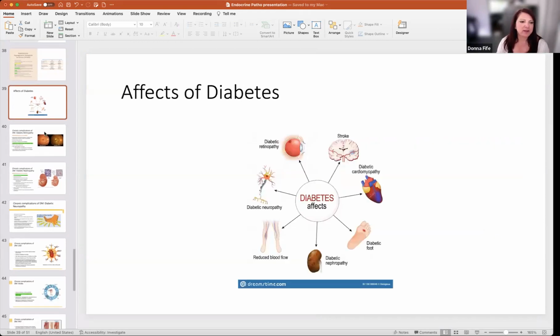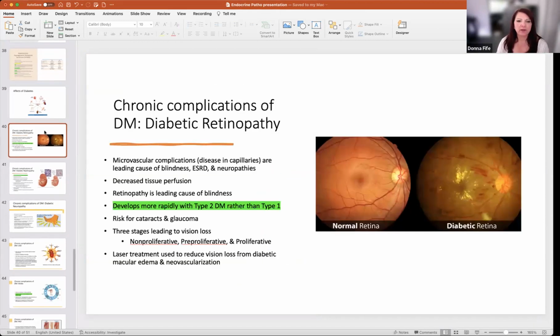Now, the effects of diabetes: there can be chronic complications, such as diabetic retinopathy. These are microvascular complications, disease in the capillaries, and diabetes is the leading cause of blindness, end-stage renal disease, and neuropathies. There's decreased tissue perfusion, and retinopathy is the leading cause of blindness.